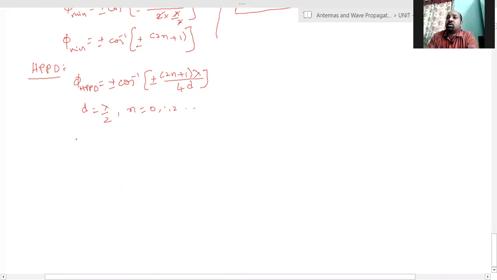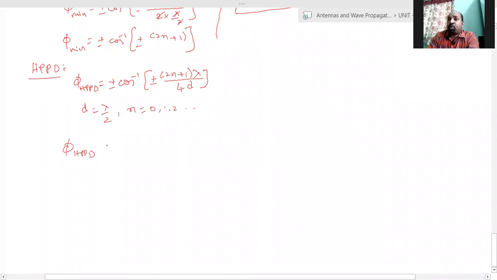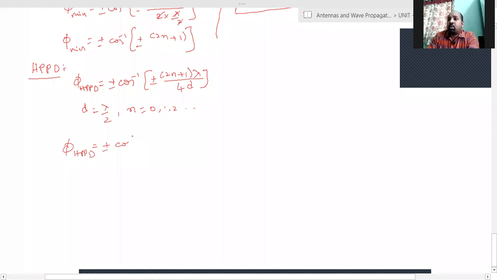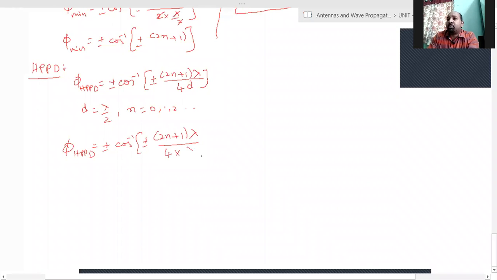Pi half power point directions is equal to cos inverse plus or minus (2n plus 1) lambda by 4 into lambda by 2.